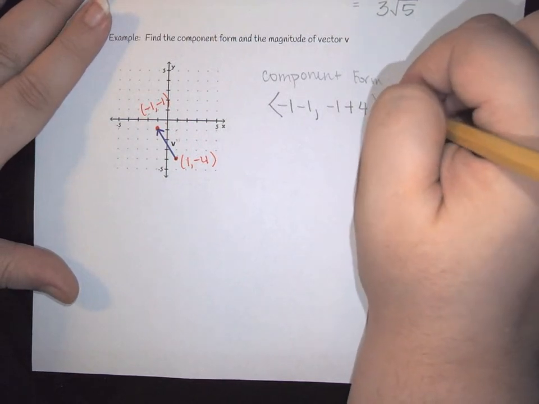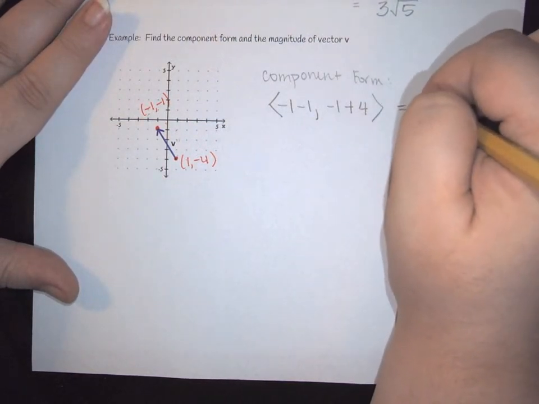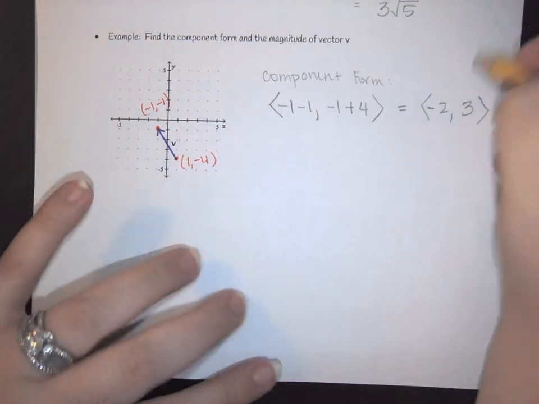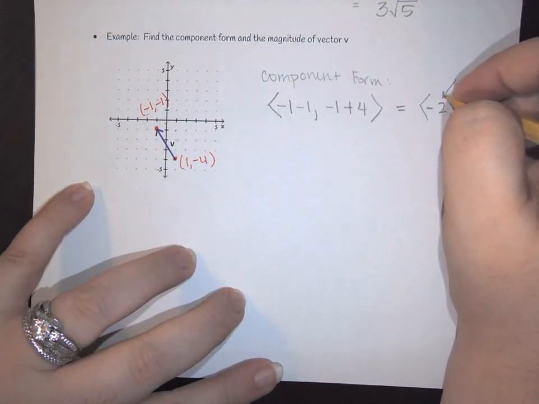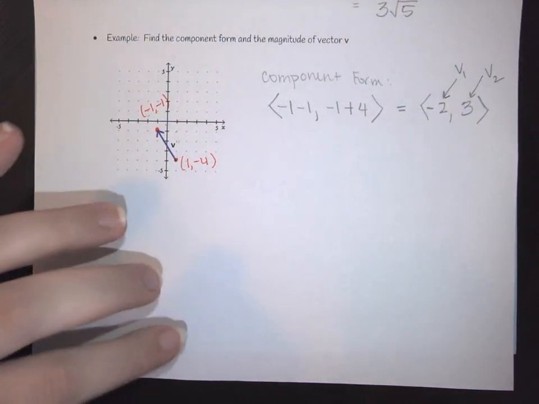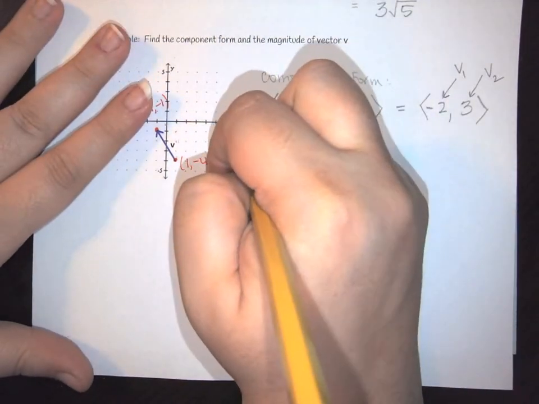In this case, we get -2, 3. If you remember, that makes the first term V1 and the second term V2, which allows me to find my magnitude.